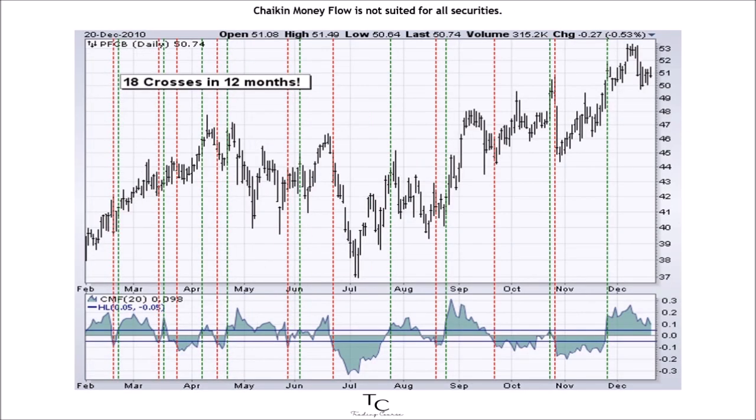Chaikin money flow is not suited for all securities. The chart on the screen shows P.F. Chang's, PFCB, with some 18 crosses above plus 0.05 or below minus 0.05. Basing CMF signals on these crosses resulted in one whipsaw after another.